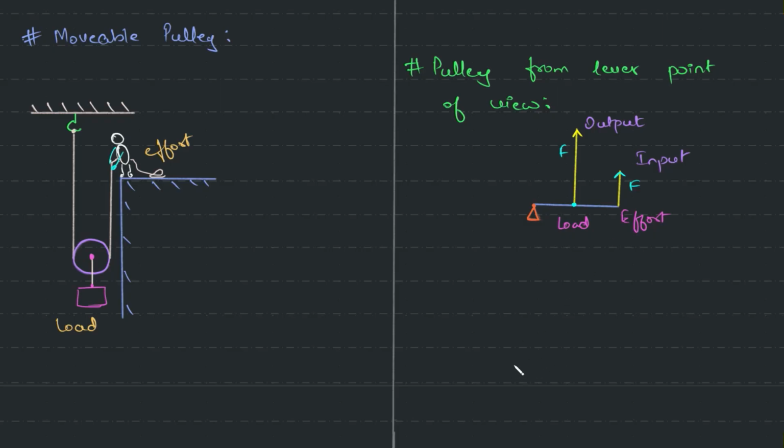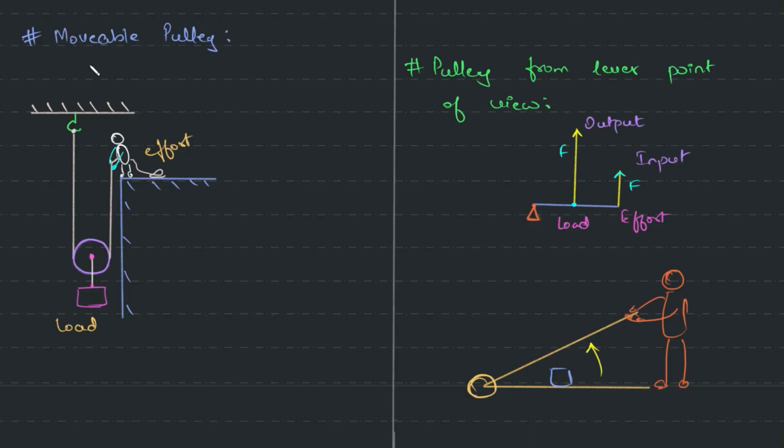You can have a look at a machine like this, wherein you keep some object over here, and you come and lift it up. So it would be something like this. Agree? So you lift it up.